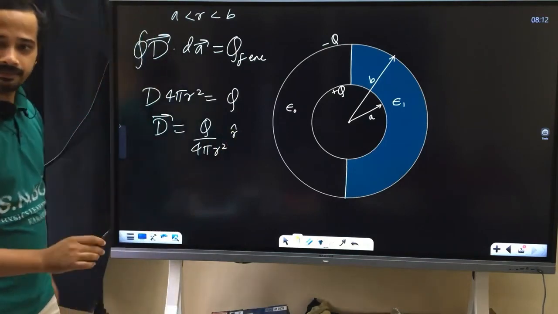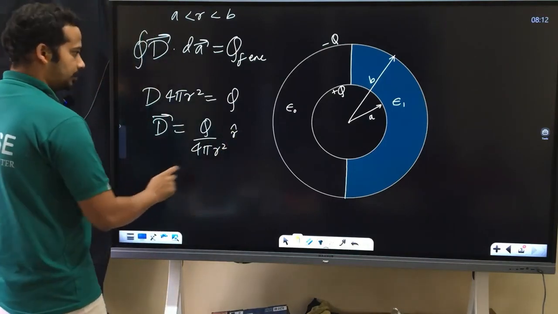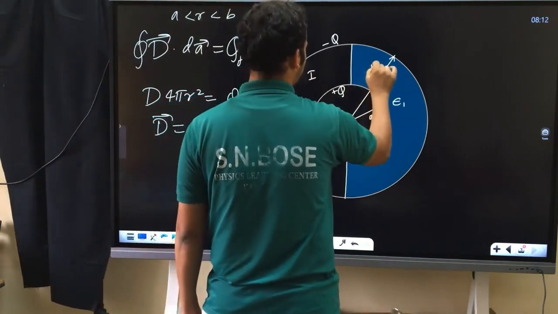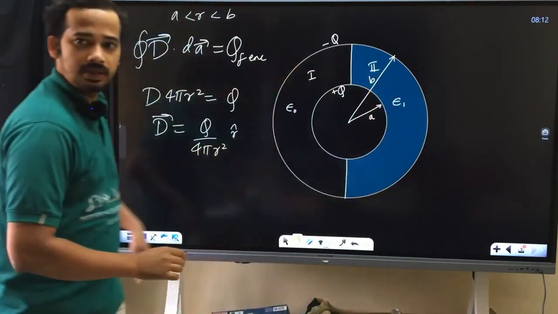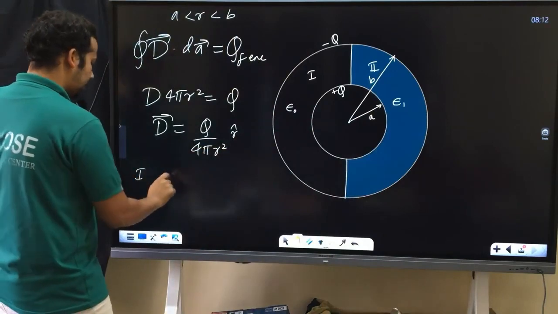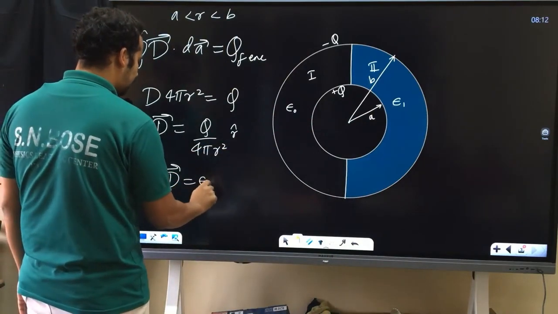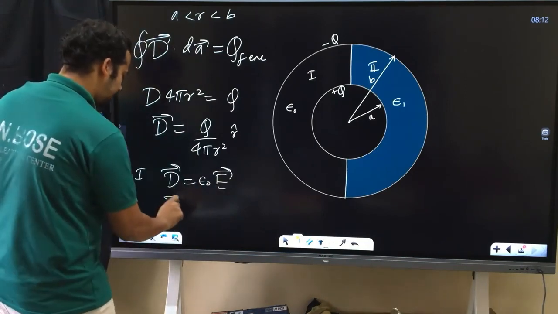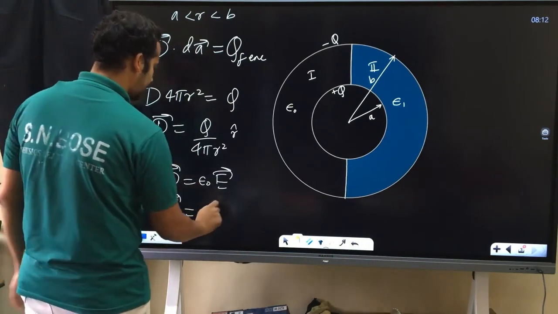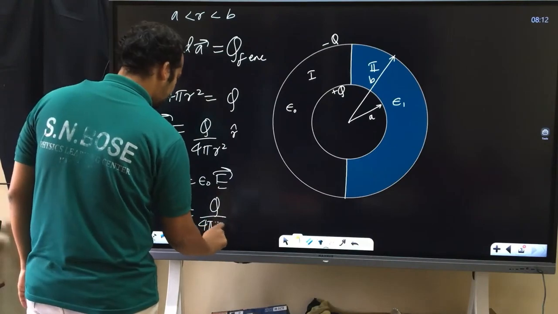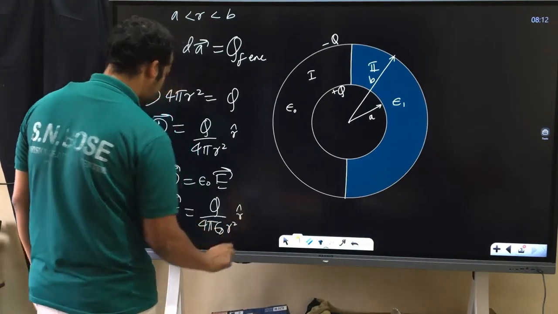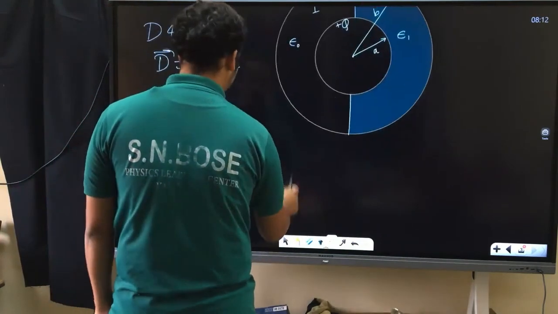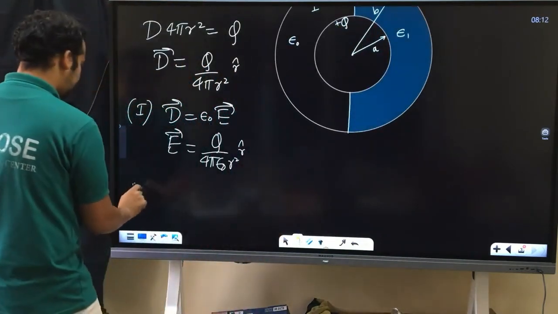In this region I will take this as region 1 and this as region 2. In region 1, D is equal to epsilon naught times E, so E is equal to 1 by epsilon naught times D, that is Q by 4 pi epsilon naught r squared r cap. Don't write anything down; you tell me where it went wrong.